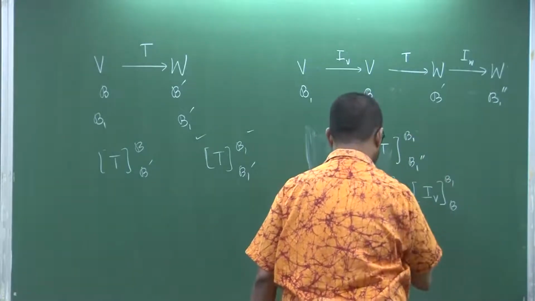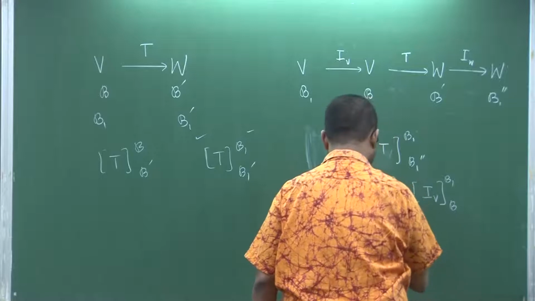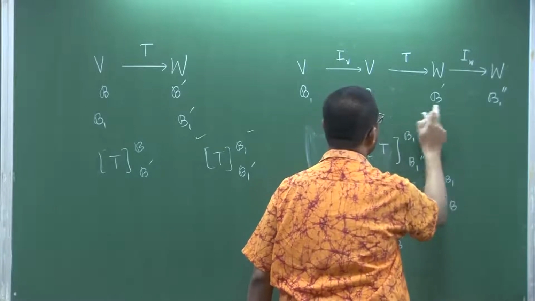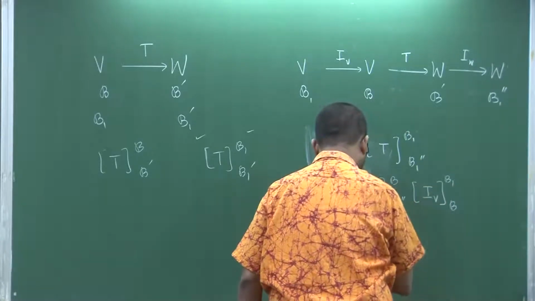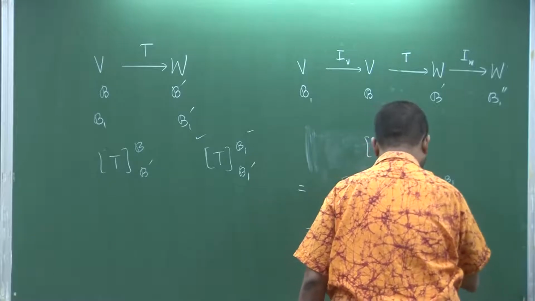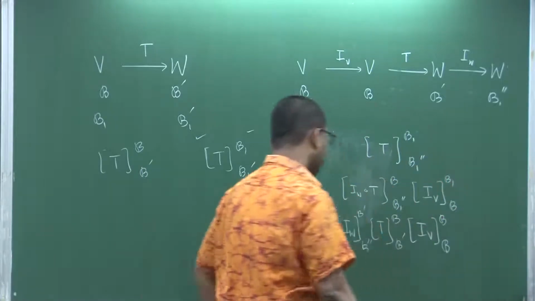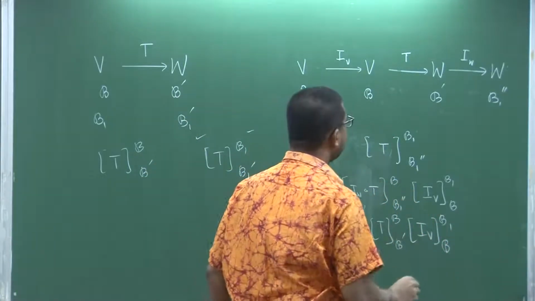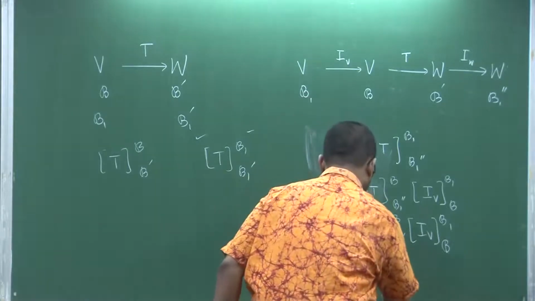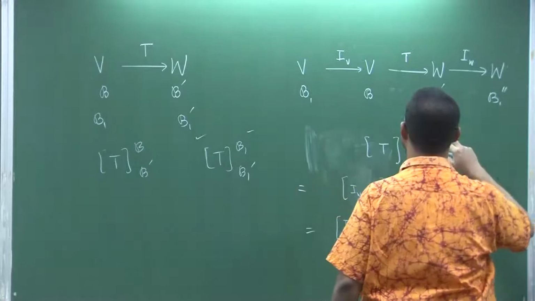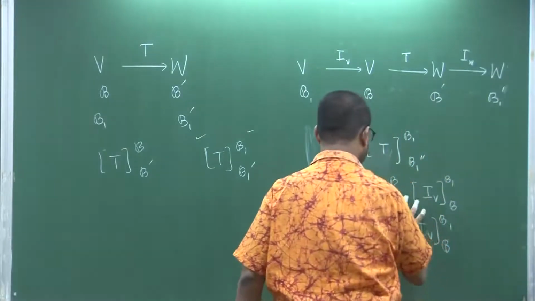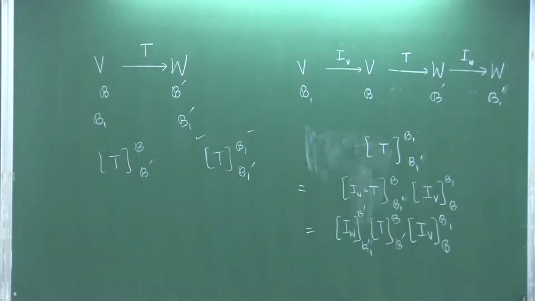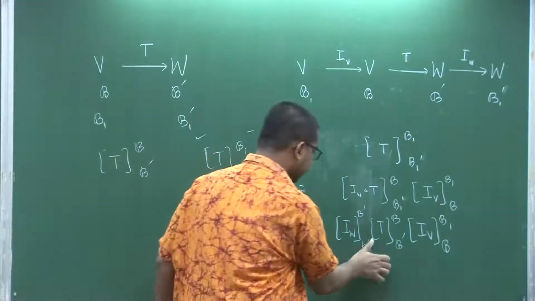So, this will be the matrix of T with respect to B, B prime, and then I_W with respect to B prime, B1 prime, and with that I have I_V with respect to B1, B. I think I have somewhere missed B prime, it should be B1 prime. Now that looks fine.